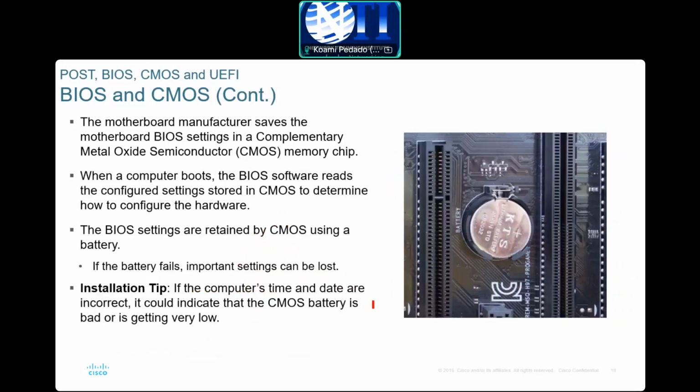The BIOS and CMOS again: the motherboard manufacturer saves the motherboard BIOS settings in a complementary metal oxide semiconductor, CMOS, memory chip. So the BIOS will save this information into the CMOS memory chip.